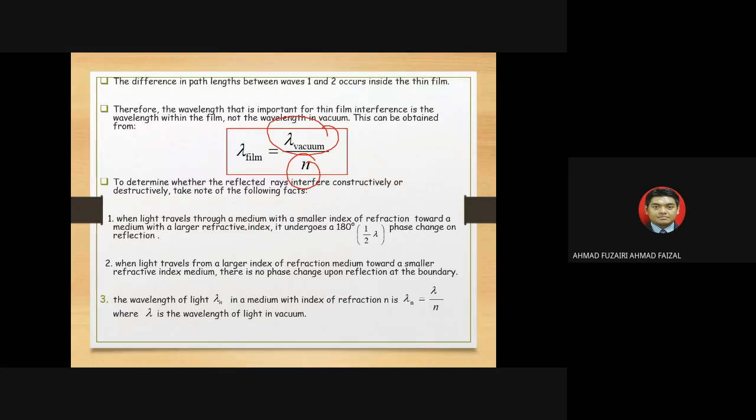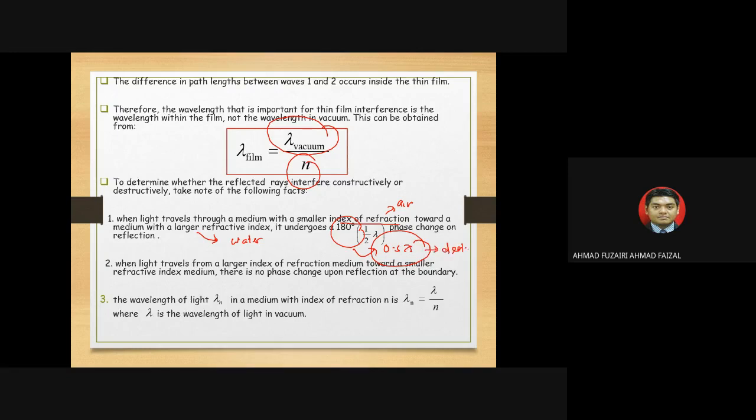Number 1, when light travels through a medium with a smaller index of refraction, contoh dia air, towards a medium with a larger refractive index, contoh dia water, dalam kes ni water, it undergoes 180 degree phase change, which is considered to be 0.5 lambda. Remember, 0.5 lambda will give you destructive interference.